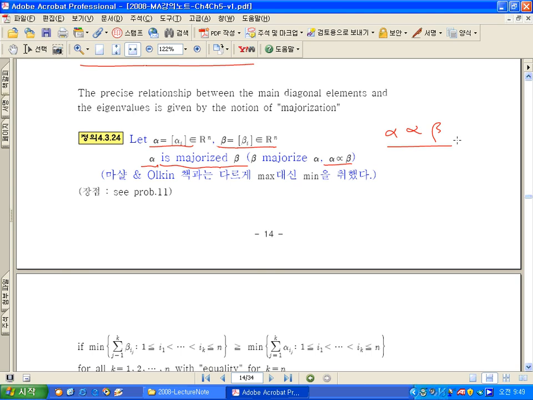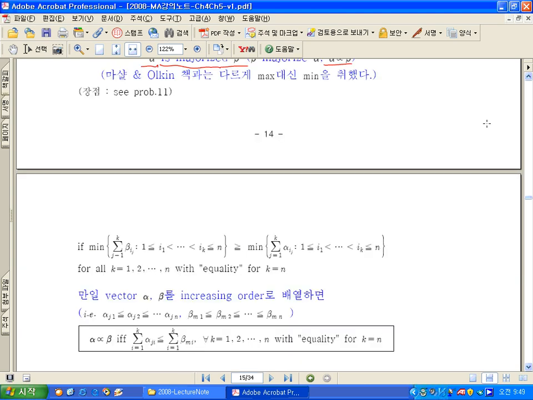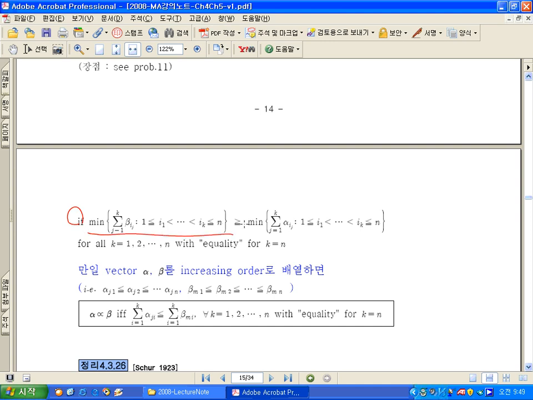Alpha is majorized by beta if the sum of beta_i_j from j equals 1 to k is greater than or equal to the sum of alpha_i_j from j equals 1 to k for all k from 1 to n, with equality for k equal to n.